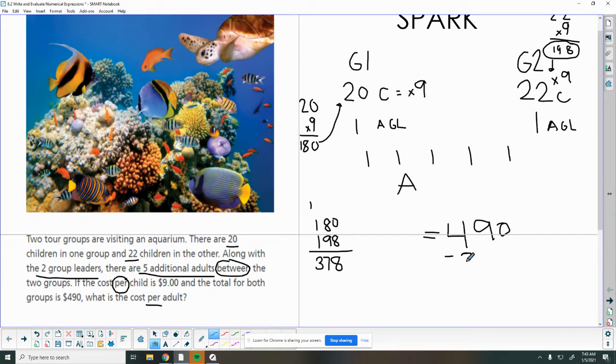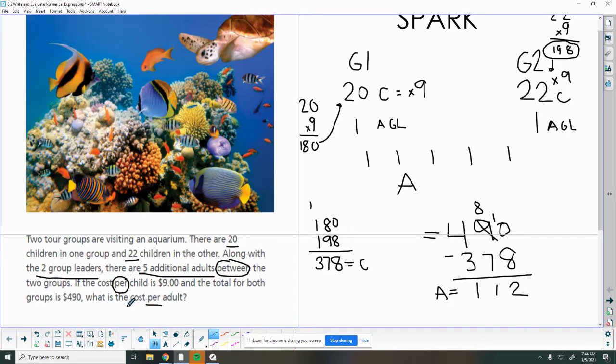So let's take this away and see how much all of the adults cost. So we need to borrow here is 8, and we borrowed a whole group. There's 2, 1, and 1. So all of the adults together are $112. So this is the kids, this is the adults, and all together is $490.